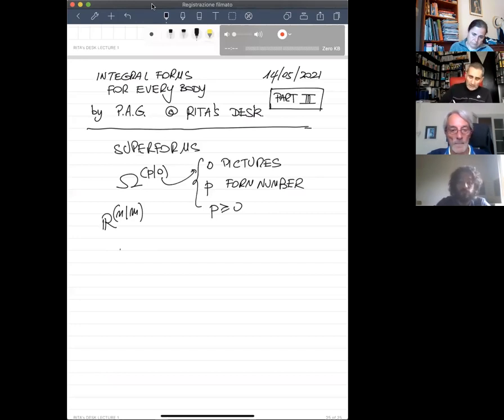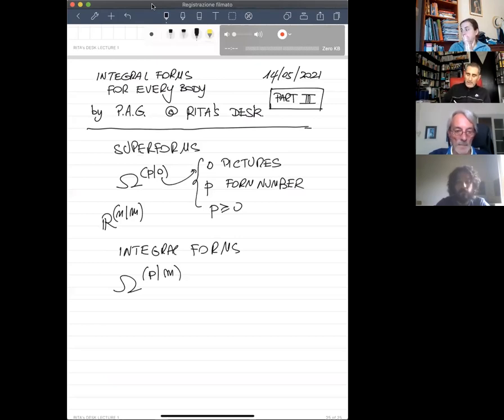Then we have integral forms, and I will denote them by this symbol: p/m. So m here is exactly the m here, which is the maximum number of thetas, the fermionic directions of my superspace. So in this case, the picture is m. This is the number of the picture. And p is again a form number.